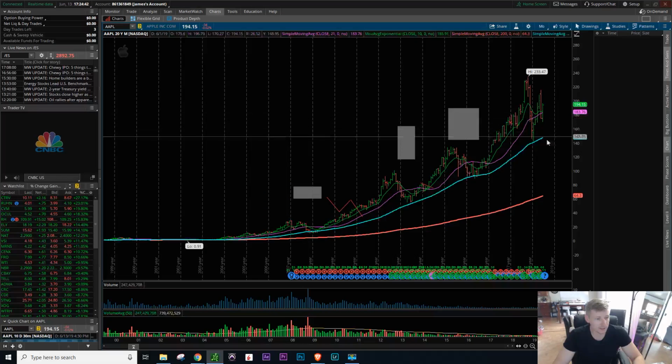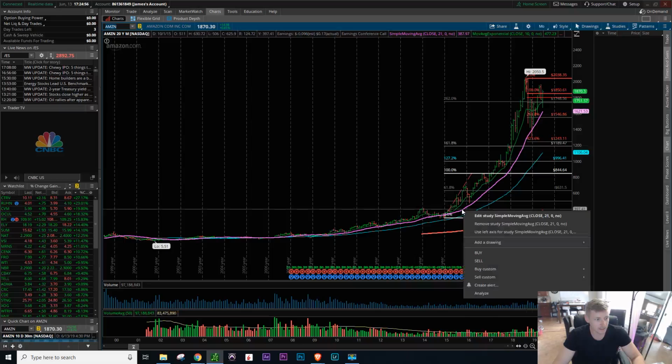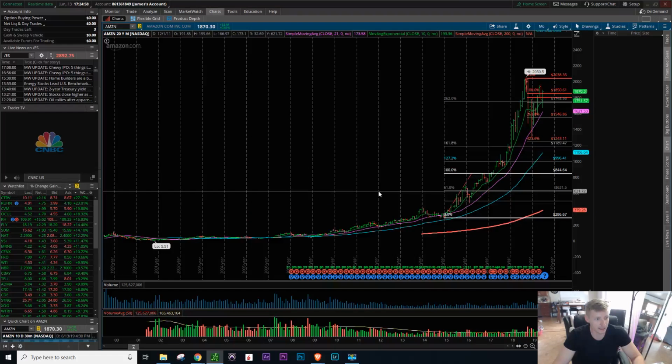But Apple is interesting on these bigger time frames. You always want to look at multiple time frames. You'll see also Amazon, because we're not cherry picking, right? Amazon, for instance, is so strong. It is on the monthly 21. The 21 monthly is where it seems to get bought up.